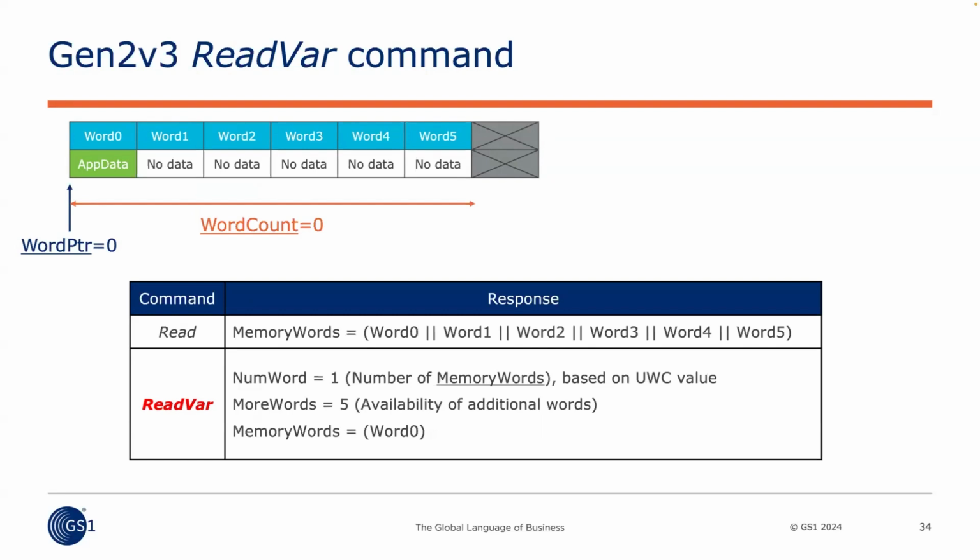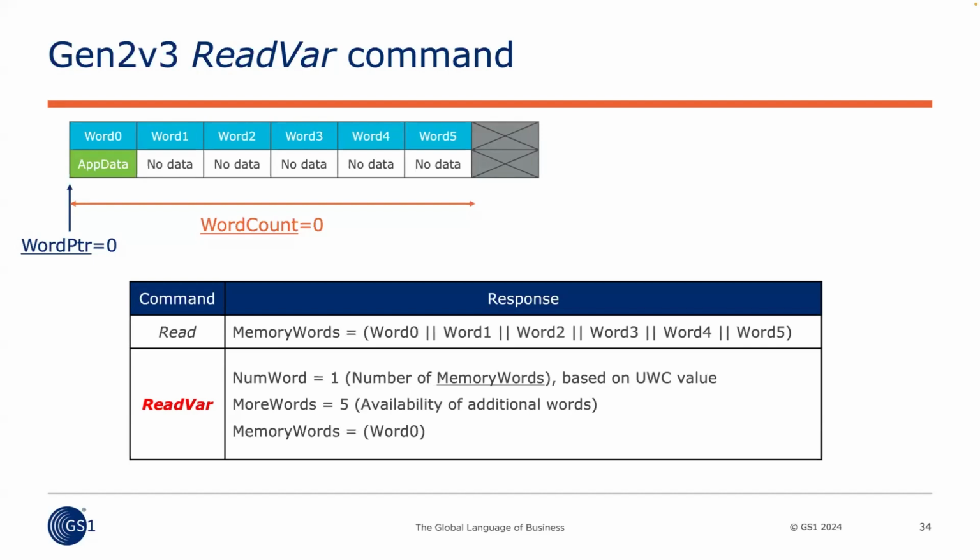However, you're reading a bunch of words that have nothing to do with the application. This example with 6 words perhaps is not so bad, but if you have large memory tags that have 8, 16, 32, or 64 words of user memory, you can read a lot and spend a lot of airtime reading something that you're collecting data that you have no need for.